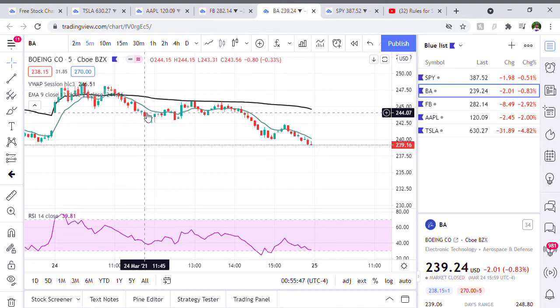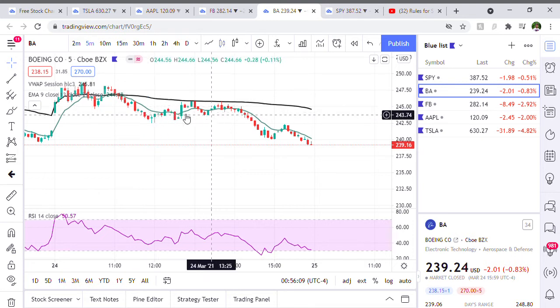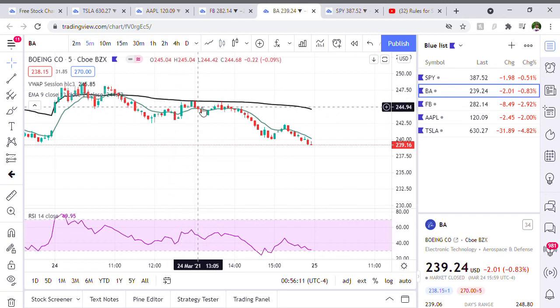So if you enter over here, or in this candle, you get a low of 243.31, which is a nice one. Again, if you give another 5 minutes, you get a low of 243.02. But I would recommend let it come to the 9 EMA line once.